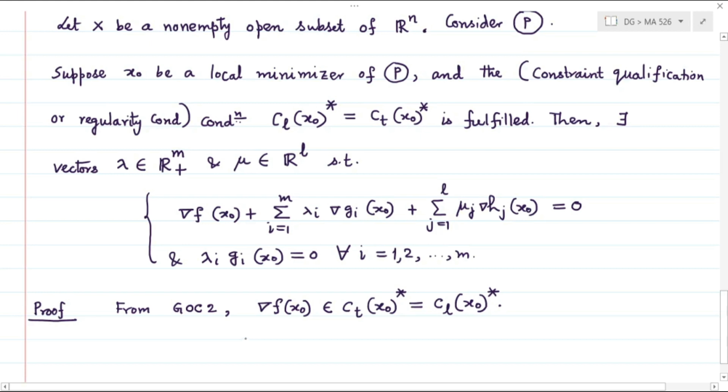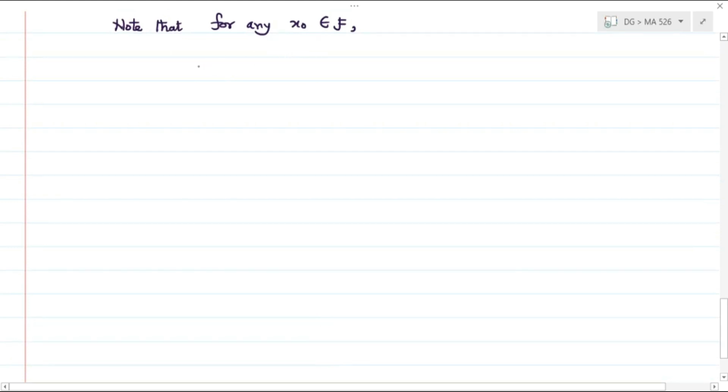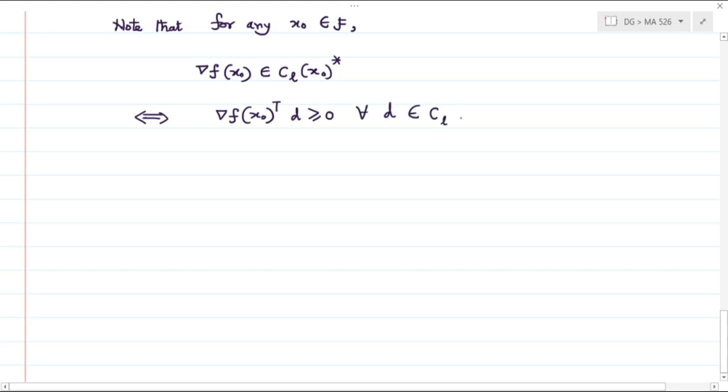And once you have this, then note the following for a feasible point: if your grad f(x naught) belongs to the dual of the linearizing cone, then it implies, by the definition of the dual of the linearizing cone, that grad f(x naught) transpose d is greater than or equal to 0 for all d belonging to the linearizing cone, right?